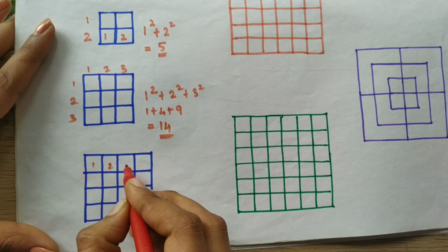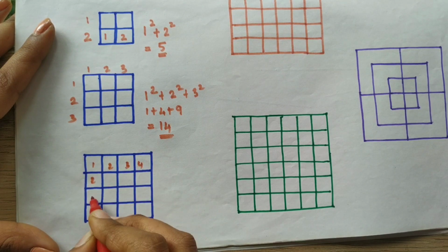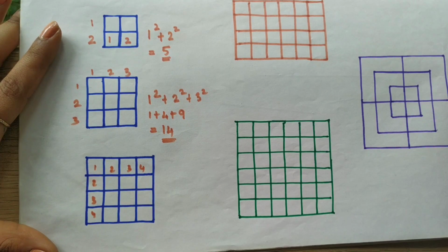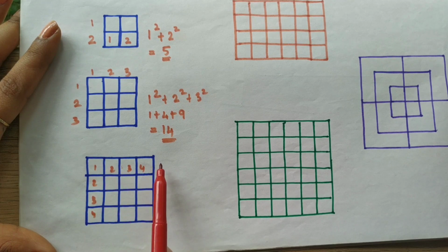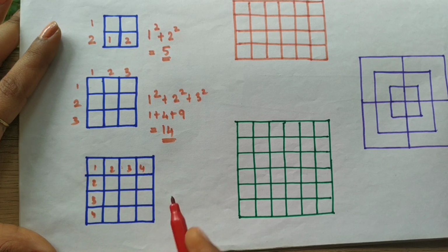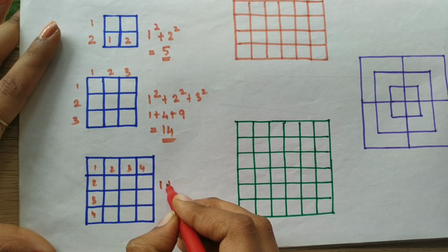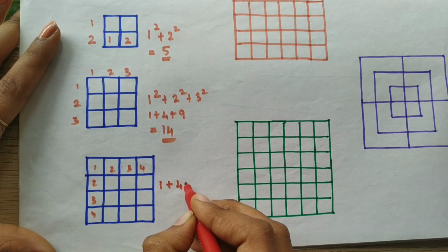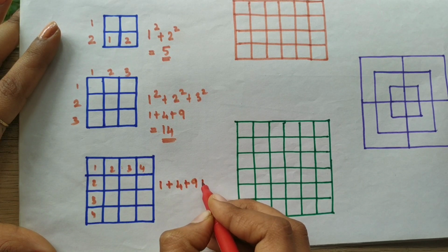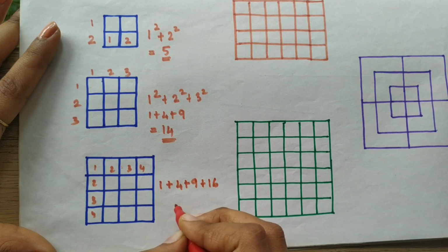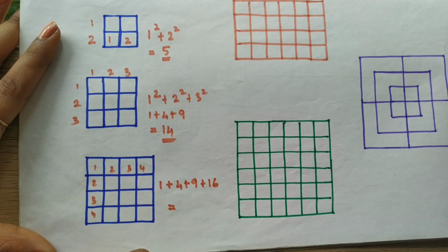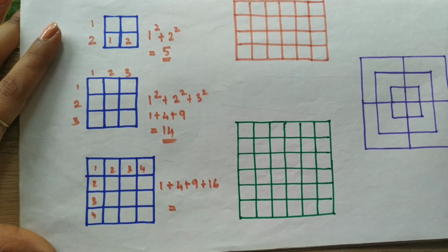Here 1, 2, 3, 4 and 1, 2, 3, 4. So it is 1 plus 2 square is 4 plus 3 square is 9 plus 4 square is 16. This is how we calculate the total number of squares in the diagram.